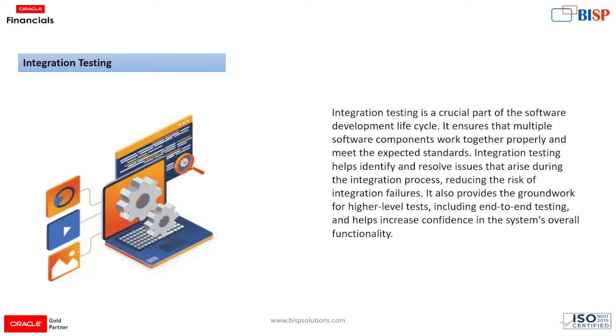The main objective of integration testing is to identify and resolve issues that may arise from the interaction between the different modules, ensuring that the system operates optimally as a whole. This comprehensive testing approach helps to ensure that all the modules work together seamlessly and meet the expected standard.